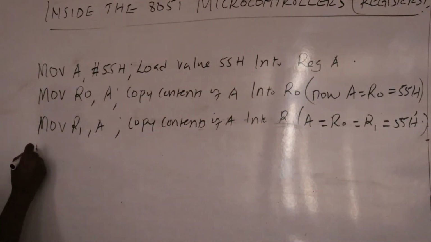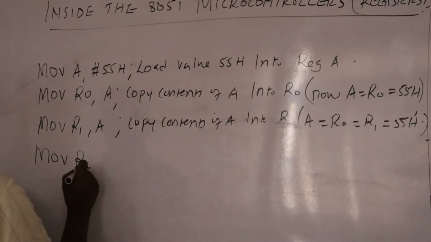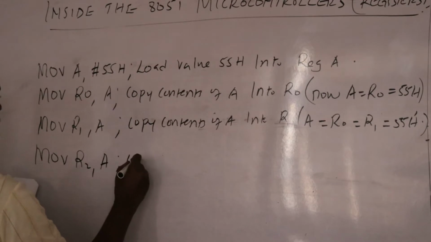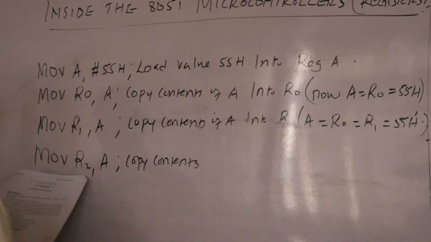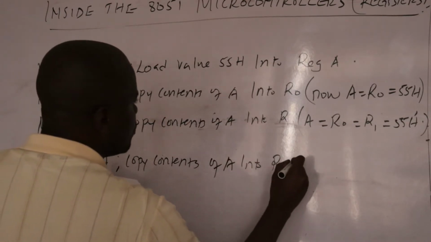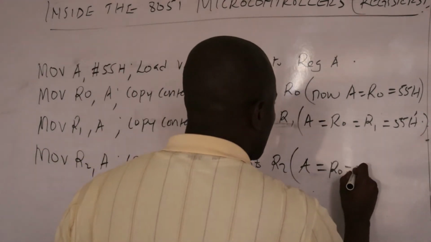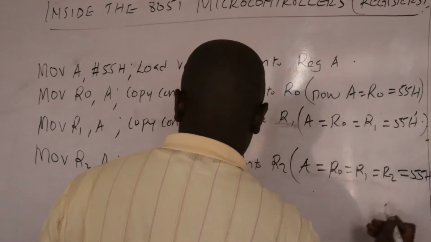Then we have MOV R2, A, which is to say copy the contents of A into R2, so A equals R0, R1, R2, which is 55H.